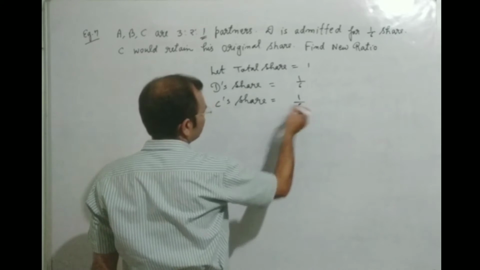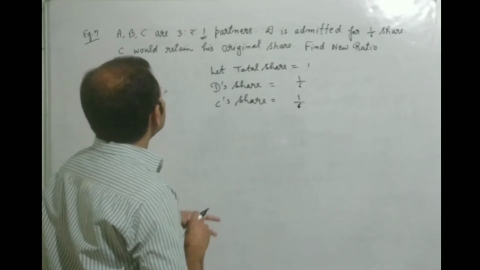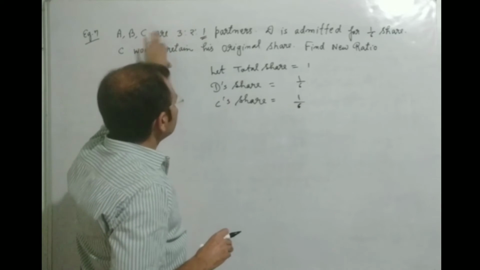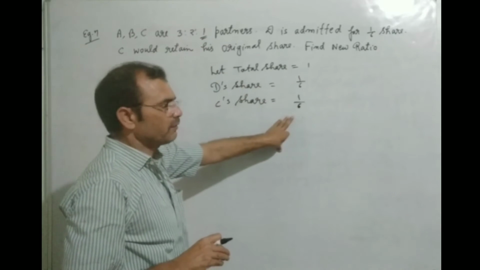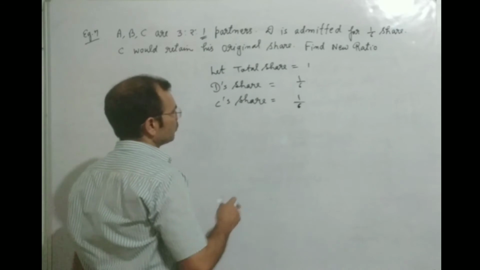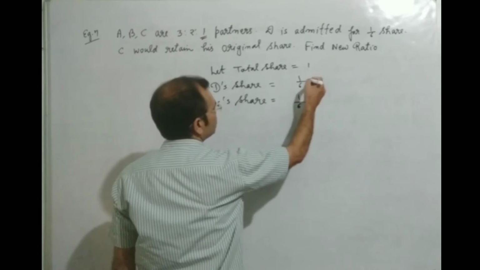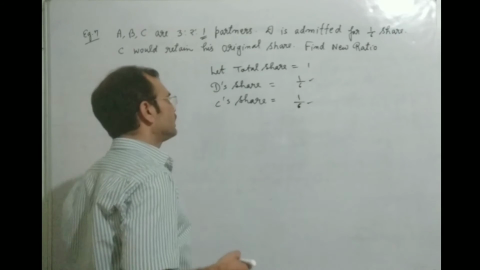C's part will not be affected, so C's part will also be 1/6, and D's part is given in the question as 1/6.